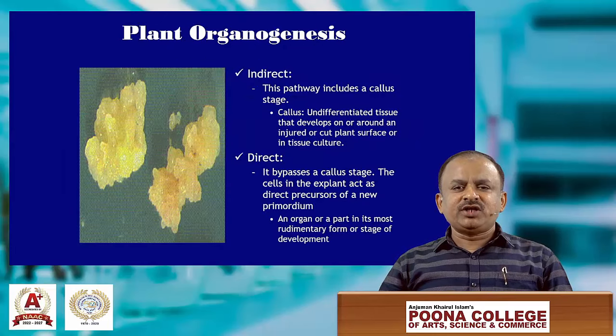In plant organogenesis there are two different methods. The first is the indirect method and the second is the direct method. In the indirect method, the pathway includes a callus stage. Here we focus on the callus, the undifferentiated tissue that develops on or around an injured or cut plant surface or in tissue culture. In the direct method of organogenesis, it bypasses the callus stage and we get the entire organ.